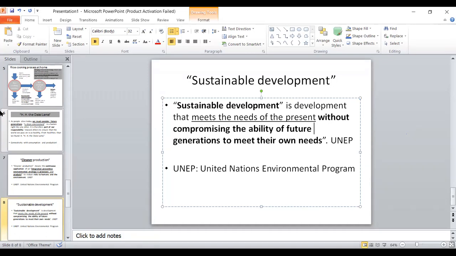We can do a lot of things based on technologies. Even you can go for urban farming or whatever. Still there are ways and means to contribute by becoming an entrepreneur without damaging the environment. Okay, so here development that meets the needs.